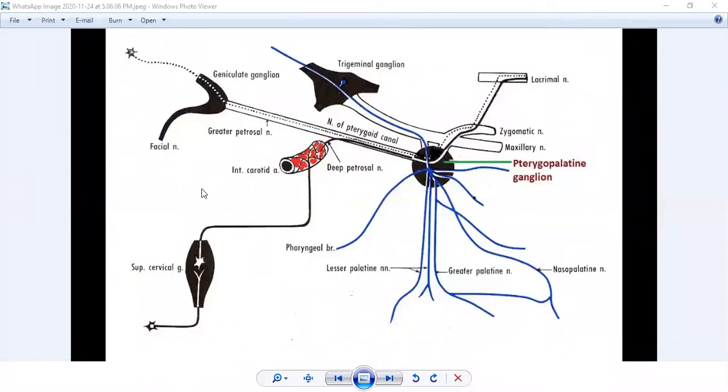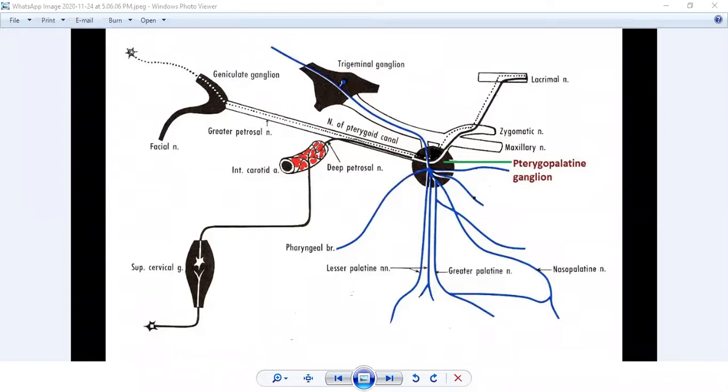Where is the infraorbital nerve? Or is the infraorbital nerve not here? No, it's not here.